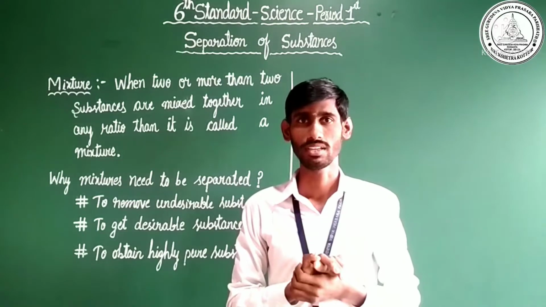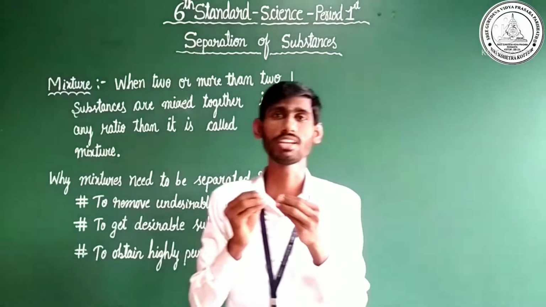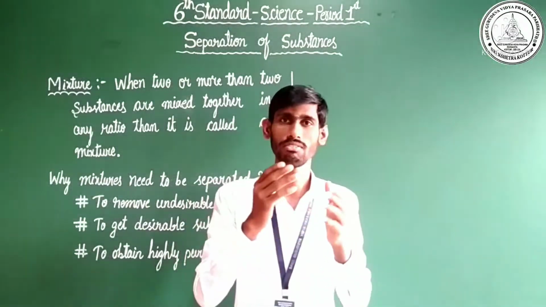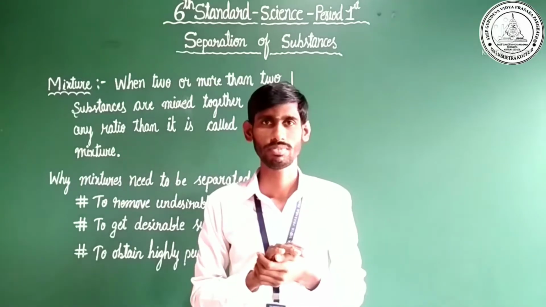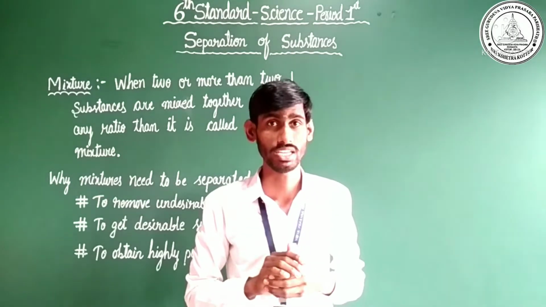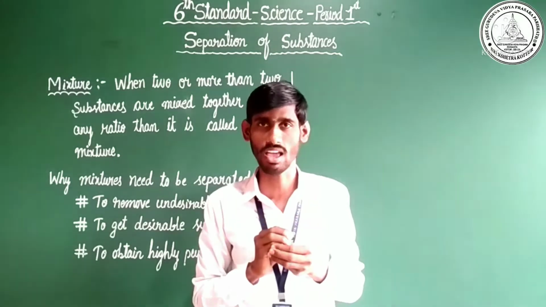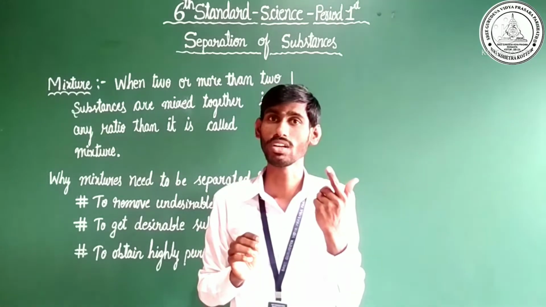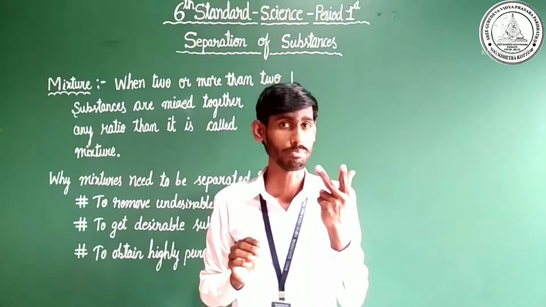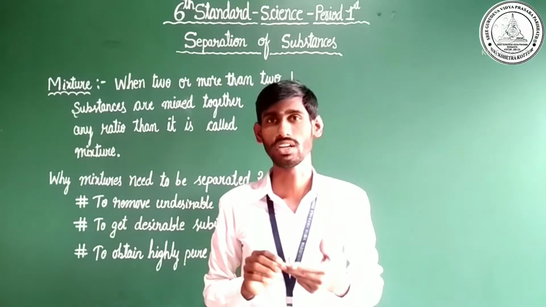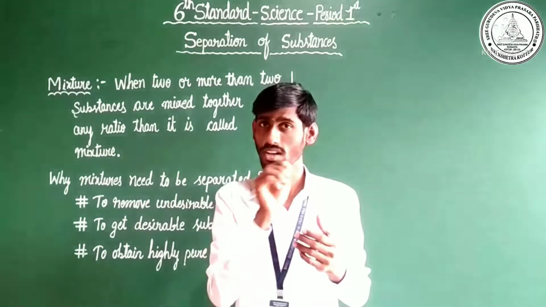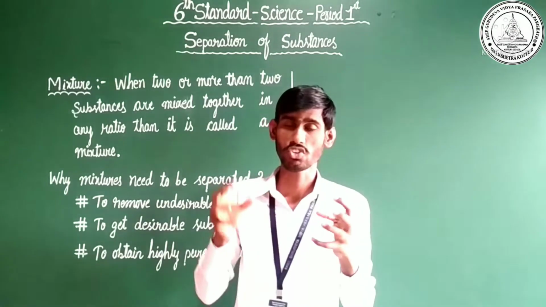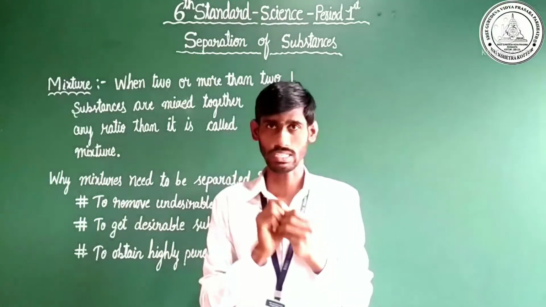For example, we taste tea every day, morning and evening, tea or coffee. The necessary ingredients for preparing tea are milk, water, tea leaves or tea powder, and sugar. These are all the ingredients. The mixture of these ingredients is tea, isn't it?